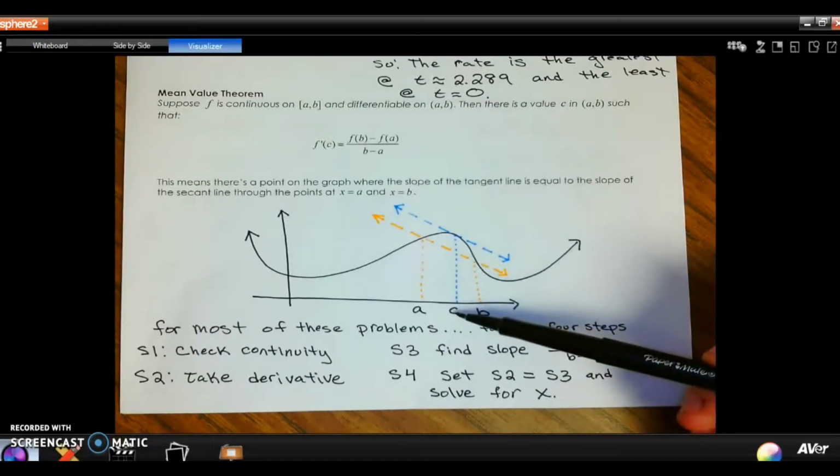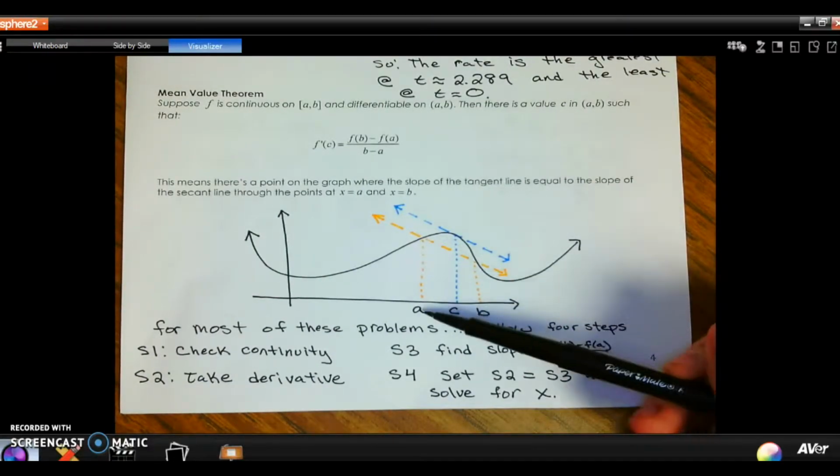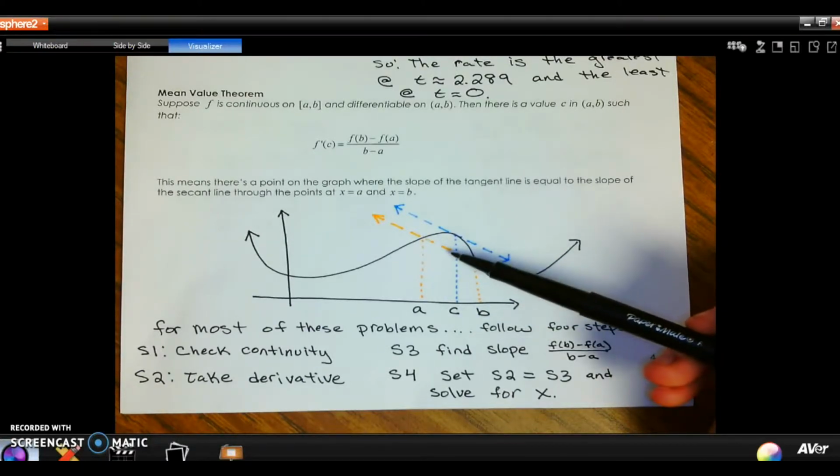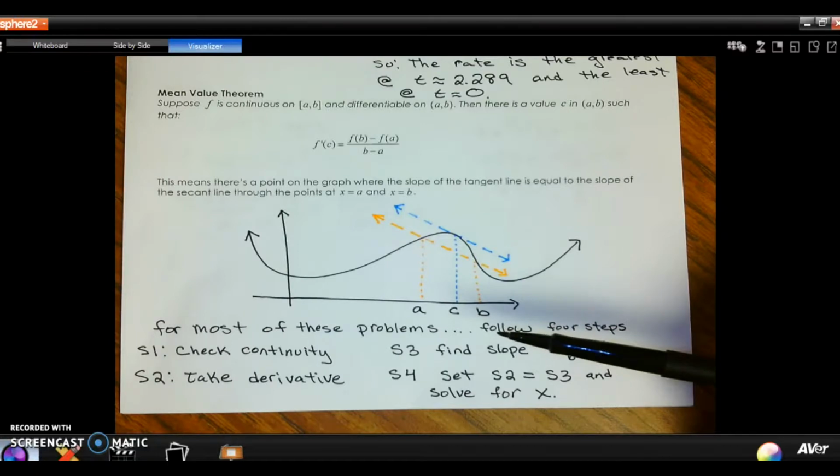We don't know where the C value is, if it's closer to A or closer to B, but somewhere in that interval, the derivative will be equal to the average rate of change.